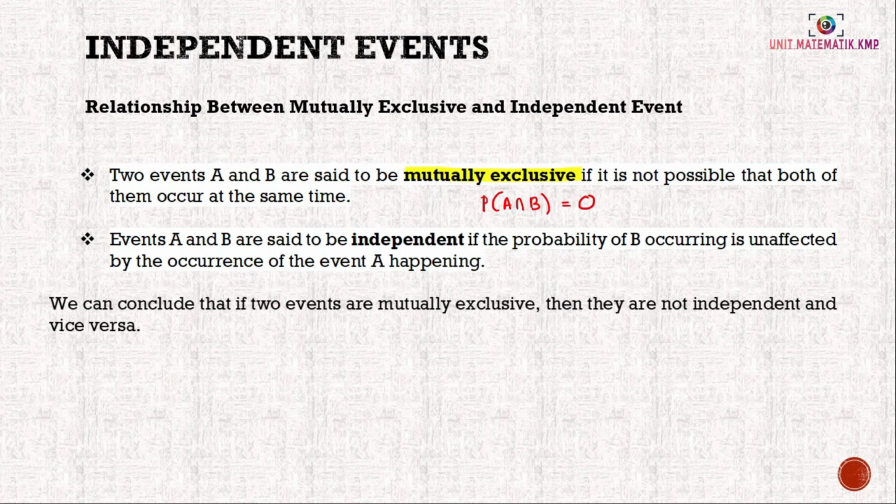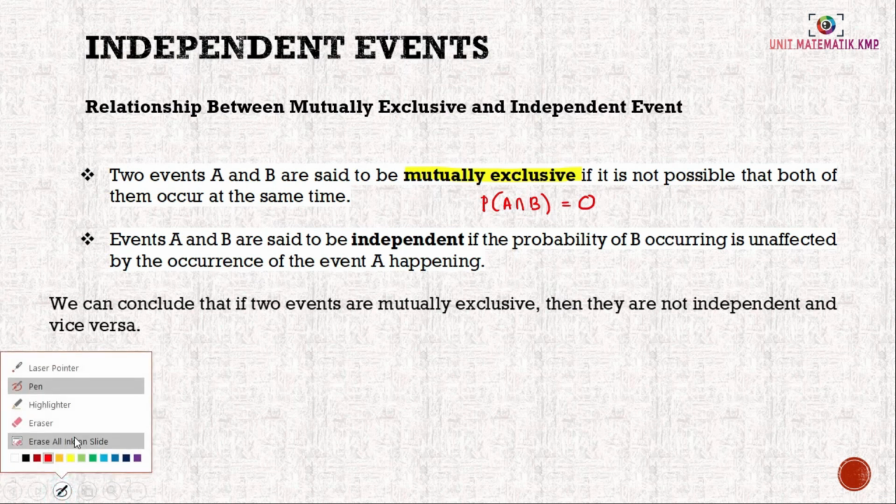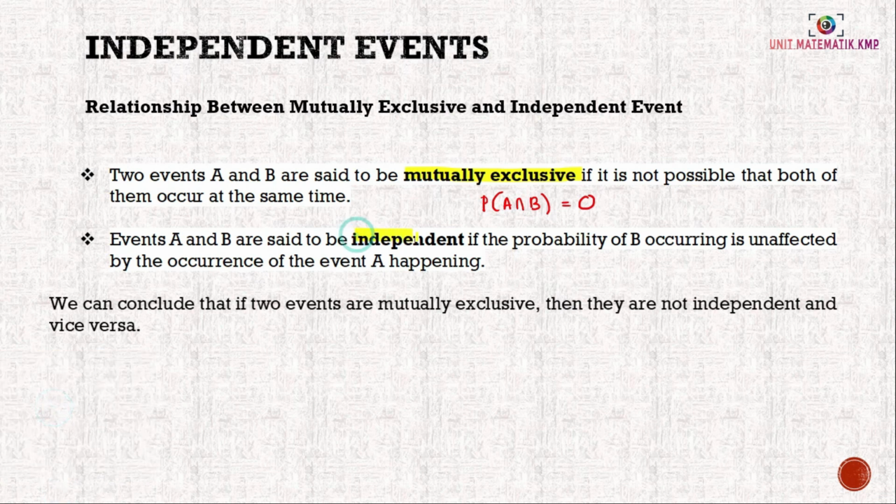Okay, next, event A and B are said to be independent if the probability of B occurring is unaffected by the occurrence of the event A happening. So dia independent. Independent maksudnya berdikari lah.